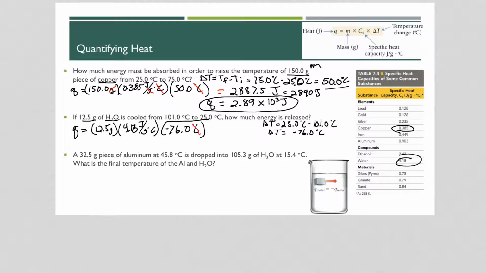Again, my units cancel, degrees Celsius and grams, so I'm going to be left with joules. So if I work out my math, I get a minus 3,971 joules. Again, 3 significant figures is what's appropriate. So that would be 3970, but again, scientific notation is the better way to go.